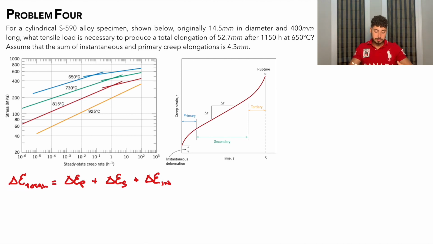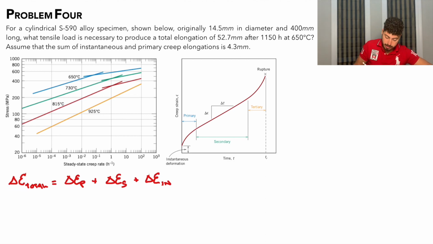With this fundamental equation, we can see that we only have one unknown, which is our steady state. So if we substitute our values and solve for our steady state, and then do some unit conversions, we can then read our stress from our steady state creep curve and then determine our force. So that's exactly what we're going to do.